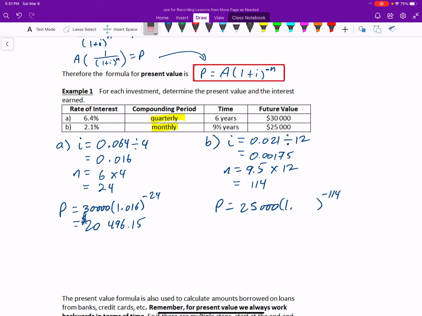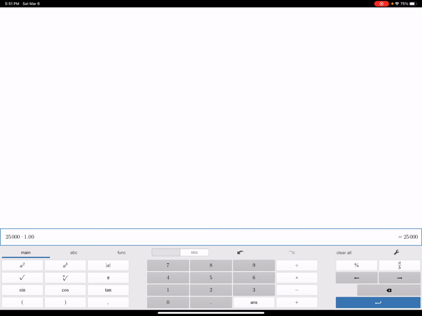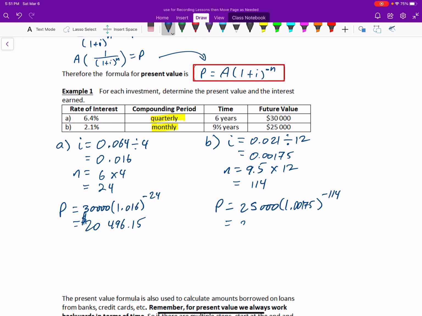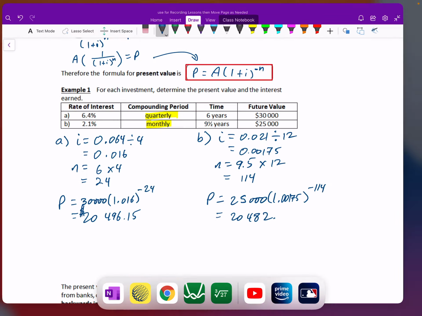My i value was 0.00175. So 1.00175 to the exponent negative 114. $20,482. I'll come back for the rest. And 8 cents.